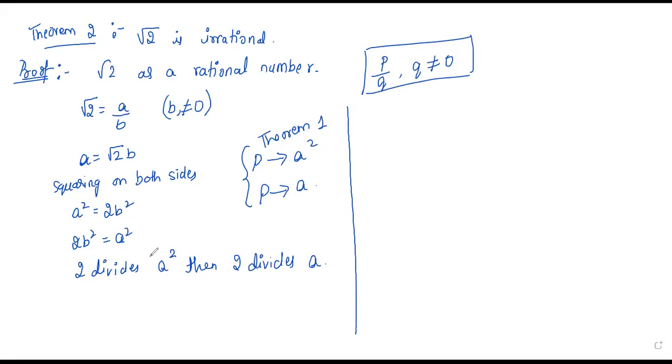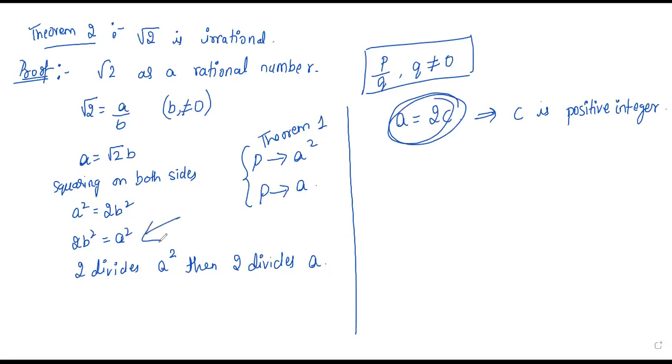So next, I'll just replace it. I'll write A is equal to 2C, where C is some positive integer. Now I'll substitute this value of A here.